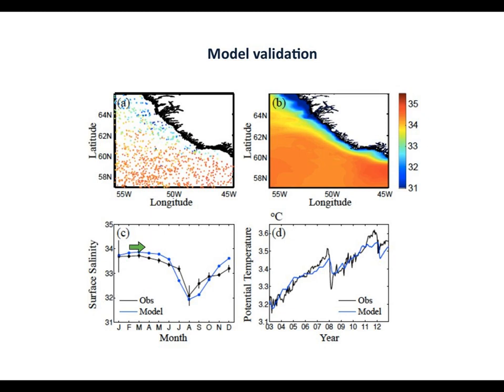Surface salinity, we don't have tons of data, but considering what we have, we are really representing the seasonal cycle of that, and the mean. The mean is at the top, the seasonal cycle is at the bottom, quite well with the model. And this is including the 108 fjords and catchments for the ice sheet.